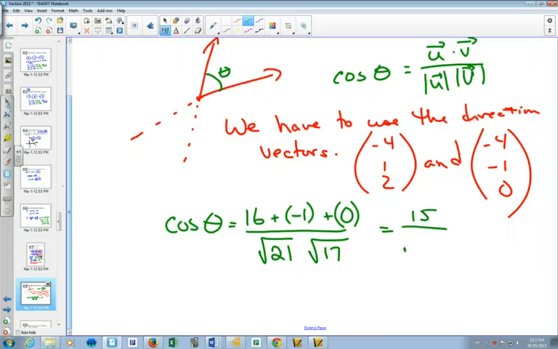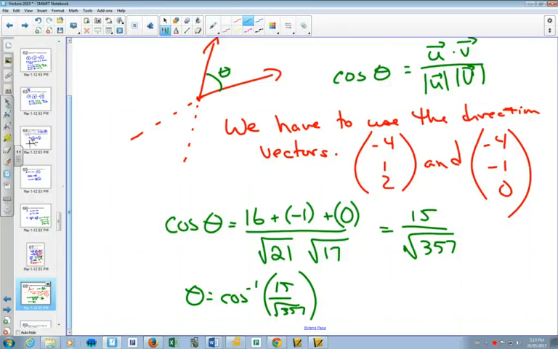Simplifies to 15 over the square root of 361 minus 4, is that 357? And now to find our angle, we just go to cos inverse of 15 over the square root of 357.